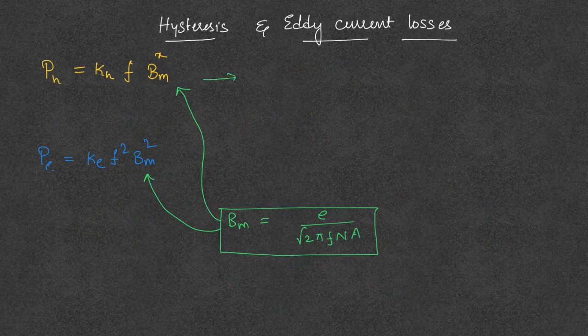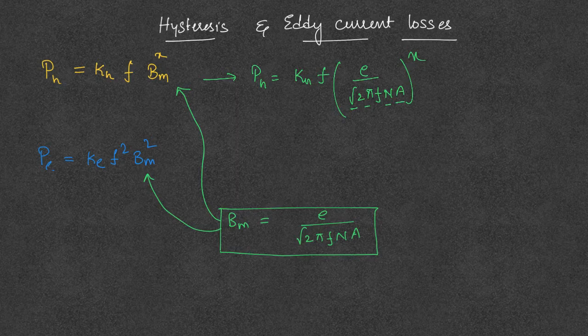So the hysteresis losses will become PH is equal to KH F into E by root 2 pi F N A to the power x. So you can see that root 2 pi N and A are all constants.